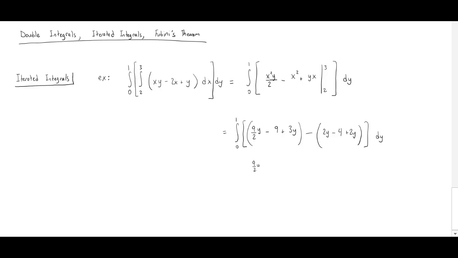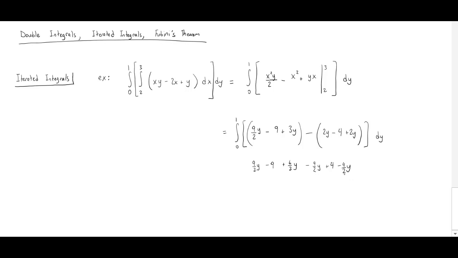I'm going to write this as 6 over 2y. Okay. And here I'm going to distribute the minus, so we're going to get minus 2y plus 4 minus 2y. Okay. And I wanted to get a common denominator on all the y's. So let's make this minus 4 over 2. Likewise, this would be 4 over 2. Okay.